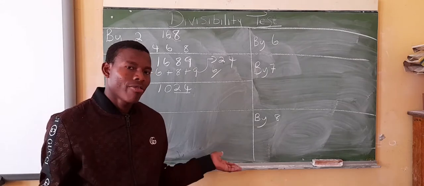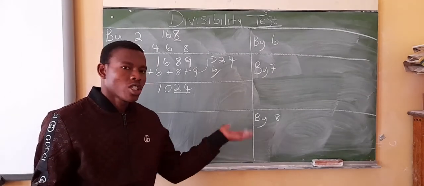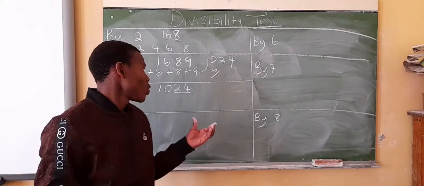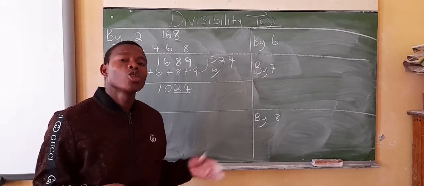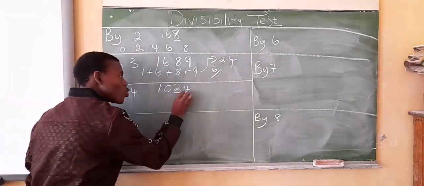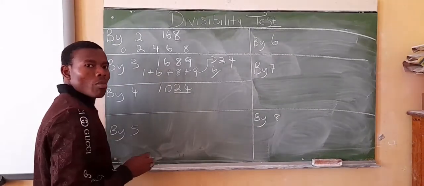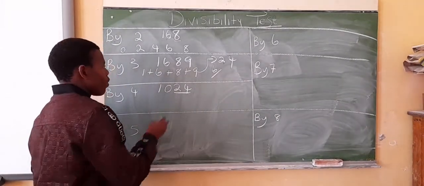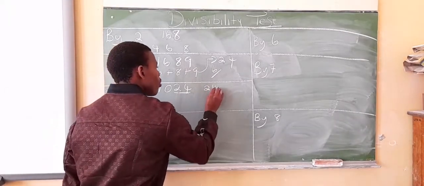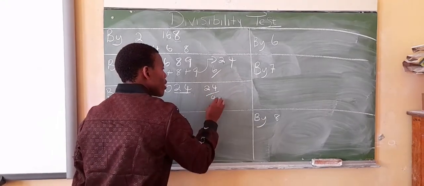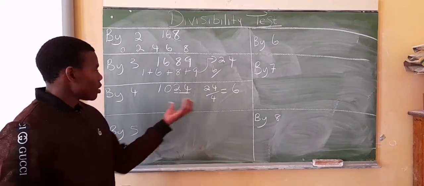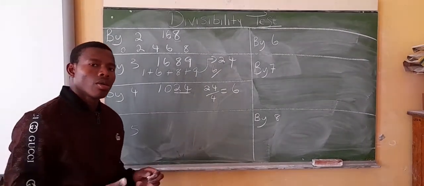For example, a number ending with 04, 16, or 24, like this one. Now, 24 is divisible by 4 because 24 divided by 4 is equal to 6. So this number is divisible by 4.